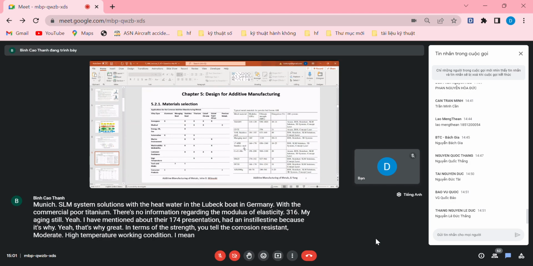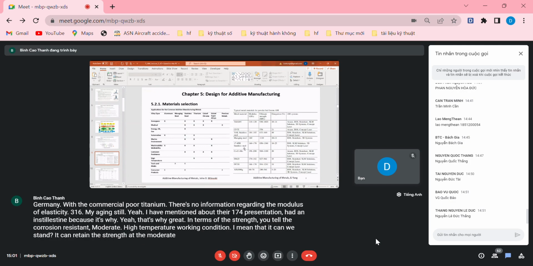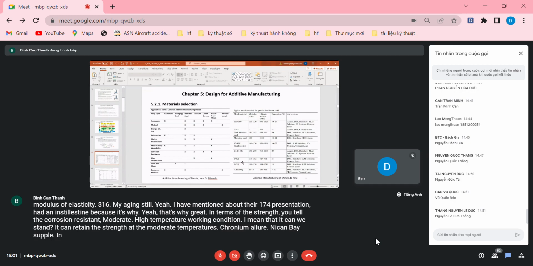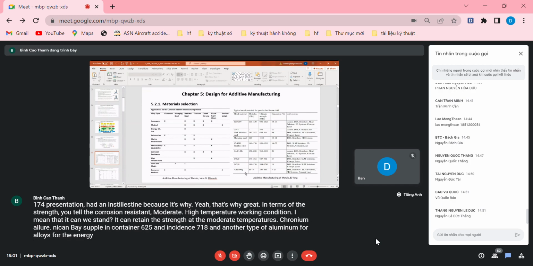I mean that it can retain its strength at moderate temperatures. Then cobalt chromium alloy, the nickel-based superalloys Inconel 625 and Inconel 718, and another type of aluminum alloy for additive manufacturing, which is quite famous, is aluminum silicon 10 magnesium.